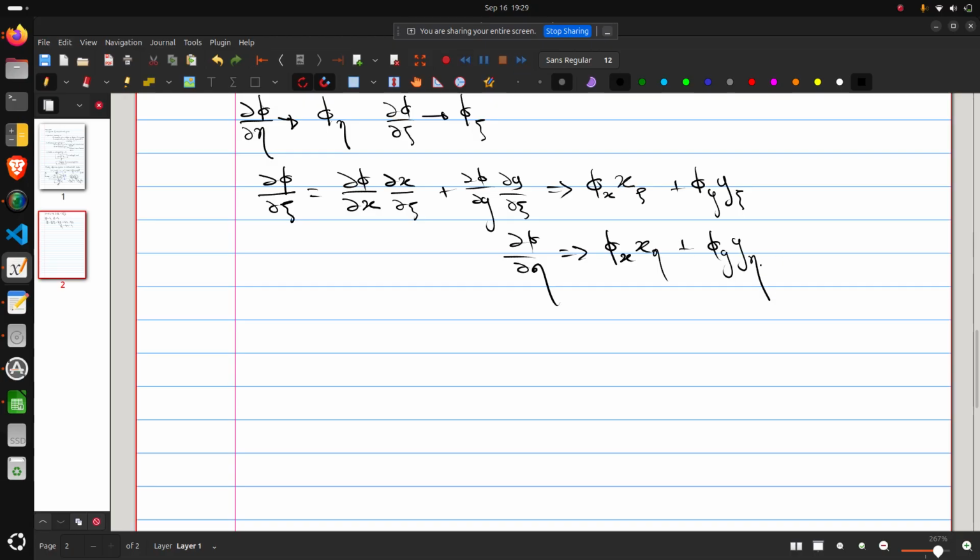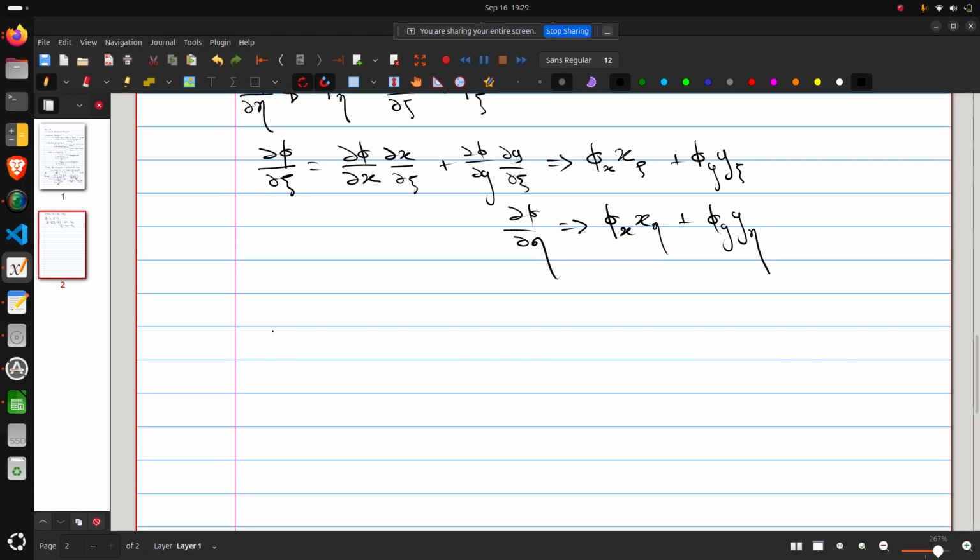Okay, now let's club these things. We'll do some manipulations. So we have two equations here, which are phi psi equal to phi sub x x sub psi plus phi sub y y sub psi, and phi eta equal to phi x x eta plus phi y y eta.